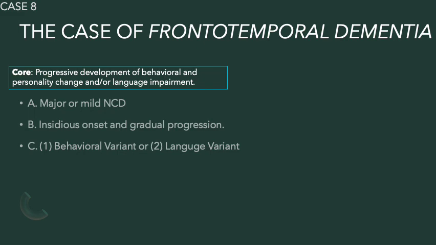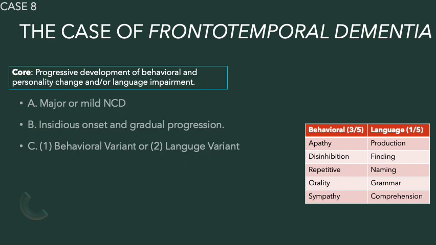They meet criteria for the behavioral variant or language variant. Behavioral variant has 3 of the 5 following present: apathy, disinhibition, repetitive, or OCD behaviors, orality, loss of sympathy or empathy.